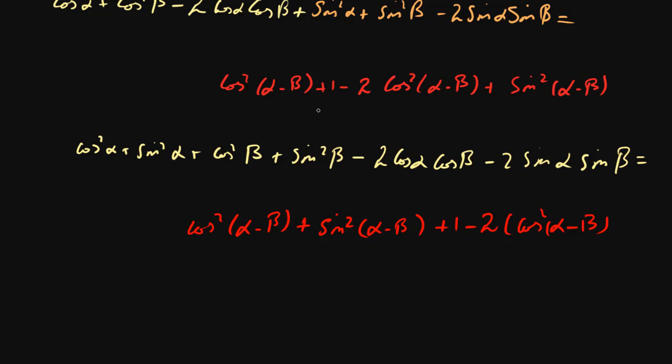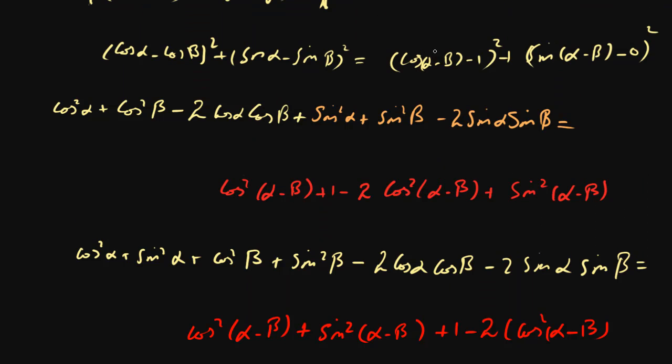Let me check if that is correct. The square will not come with the 2, since it is the 2ab term, therefore I said that.